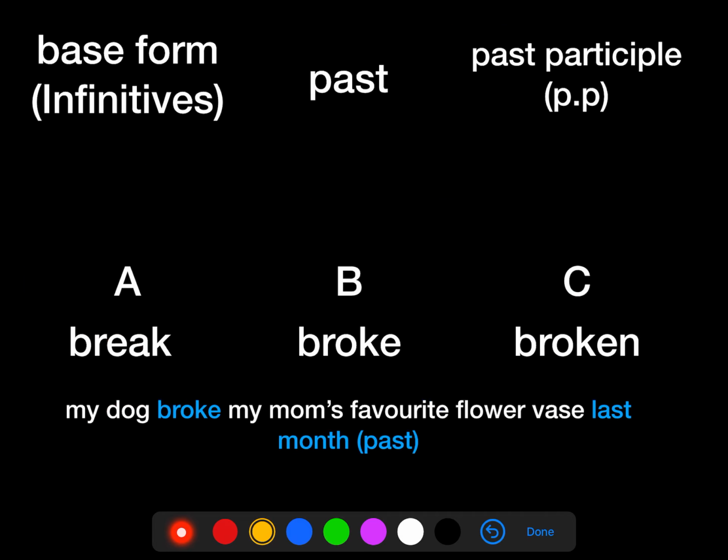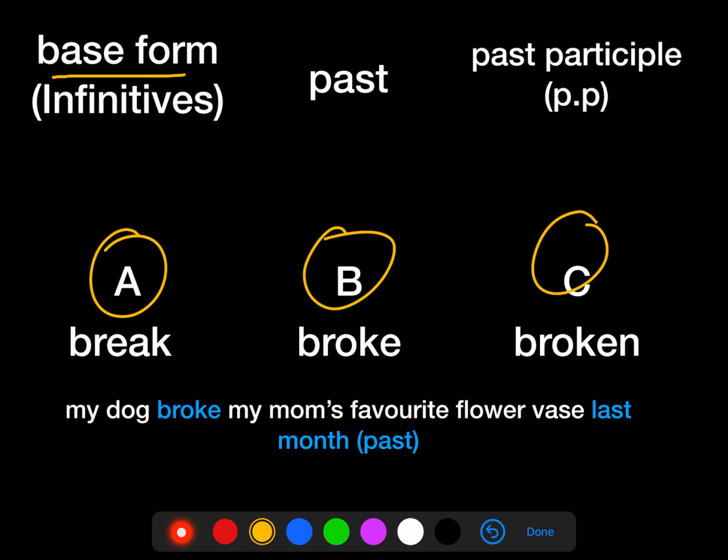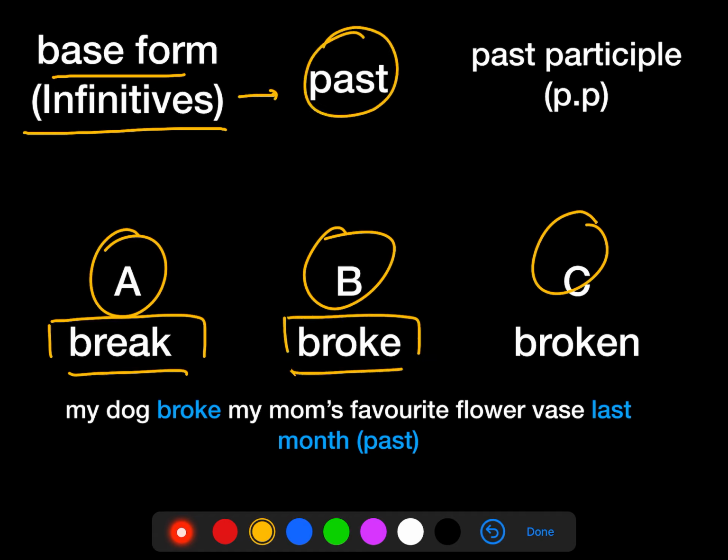So the ABC group is pretty hard for you guys, but don't worry about it. The ABC group means the form of the verb does change in every tense. For example, the base form, infinitive, was break. But it changes into broke, past.